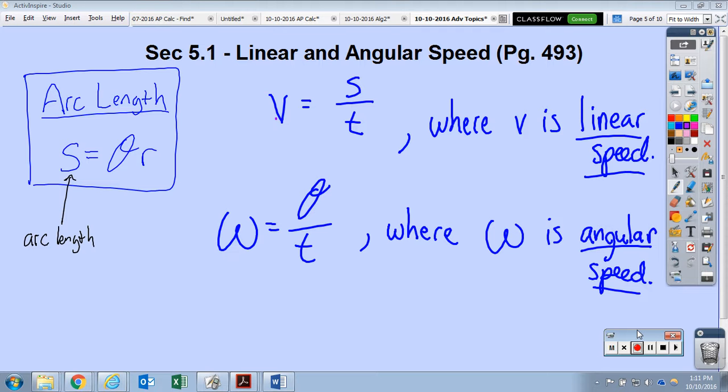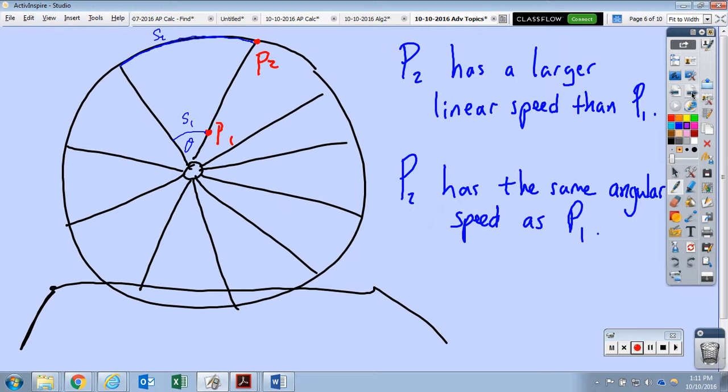Okay, so this arc length we have from Friday, a Ferris wheel or say a bike wheel with spokes. Say you put those little plastic things on the spokes, fixed, one near the center of the wheel and one out towards the tire.